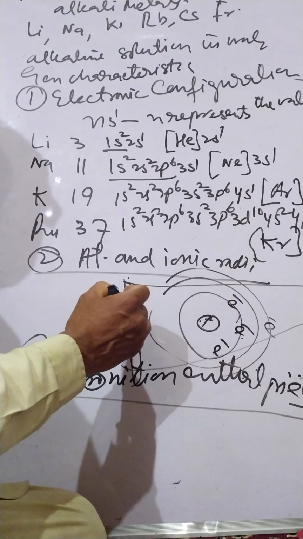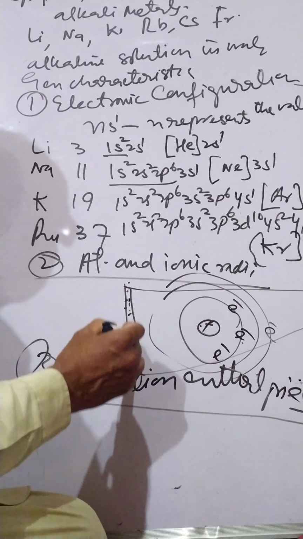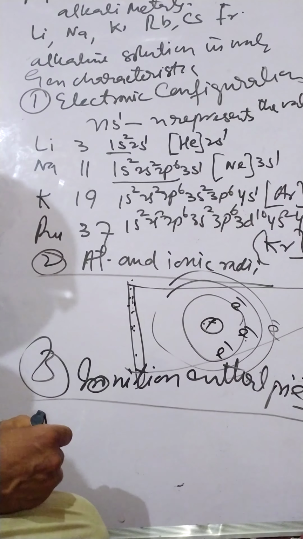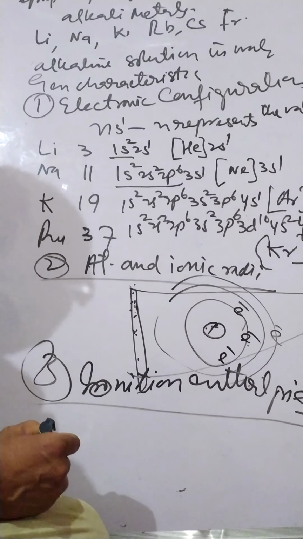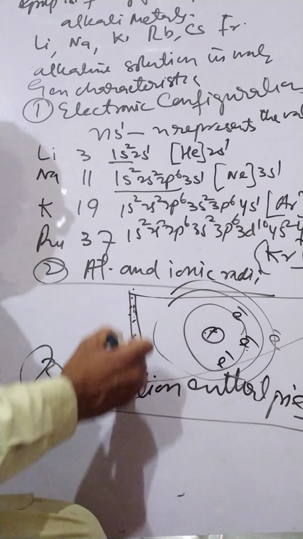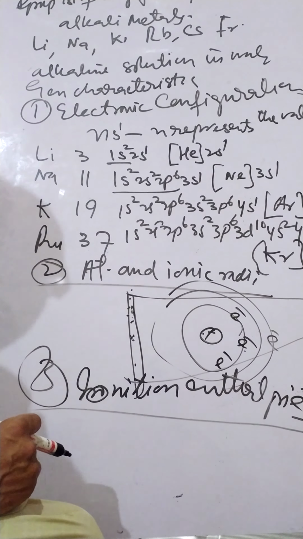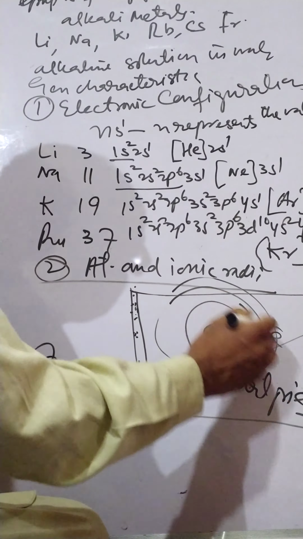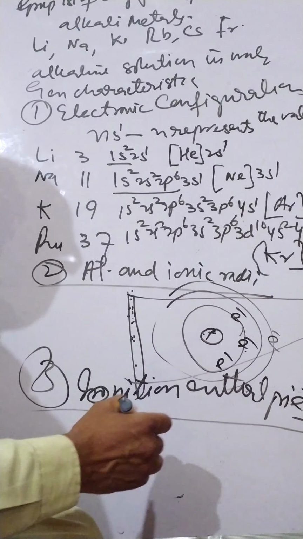In each period, we can see that the ionization enthalpy of the elements of group 1 is lowest. Okay, so this is with respect to the other groups. They have the lowest ionization enthalpy. But when we move down the group, it is further decreased because the size of atoms increases as we move down the group.